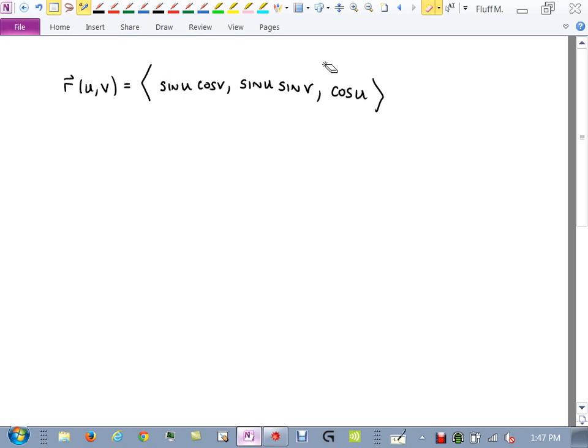So in order to find the surface area with our restrictions, u is between 0 and pi, v is between 0 and pi, then what we need to do is take the double integral over that region of the magnitude of the cross product, R_u cross R_v, dA. We just found the cross product in the previous work, didn't we?